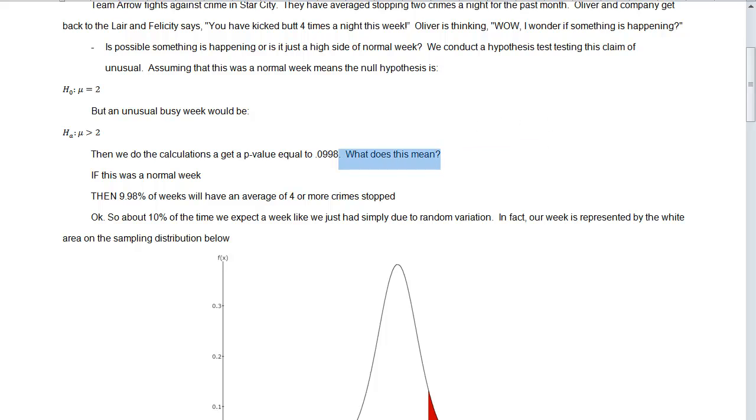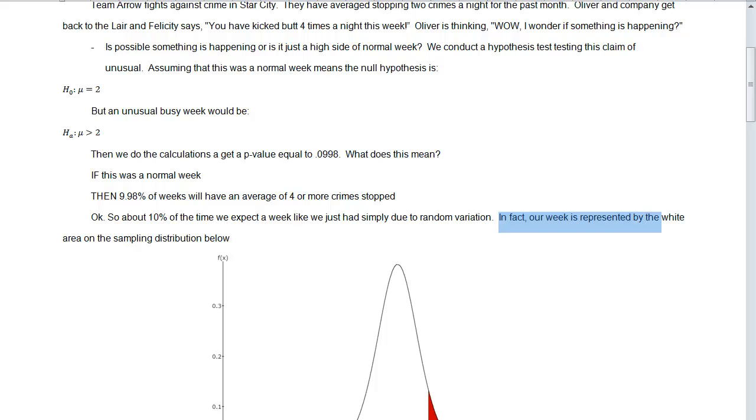So what does this mean? Okay, if this was a normal week, then 9.98% of weeks will have an average of 4 or more crimes stopped. So if this was a normal week, where the average is still 2, then about 10% of the time we expect a week like we had just simply due to random variation. Okay?